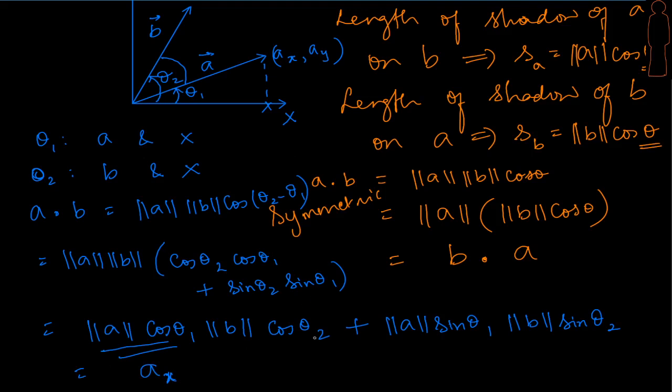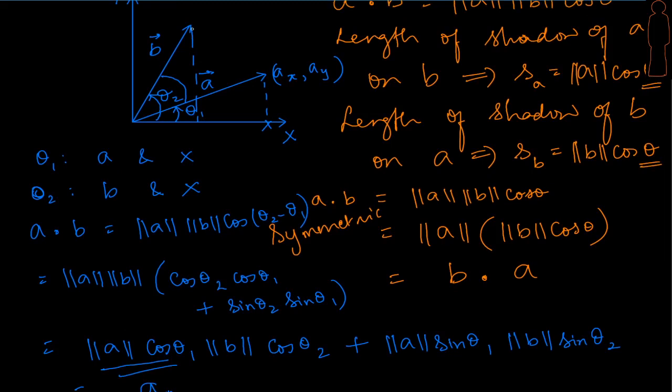Now let's look at B cos theta 2. It's a similar idea. If you drop a perpendicular here, now we are looking at theta 2. Again this is the shadow part. Let's give it some coordinates for B, let's call it Bx and By.